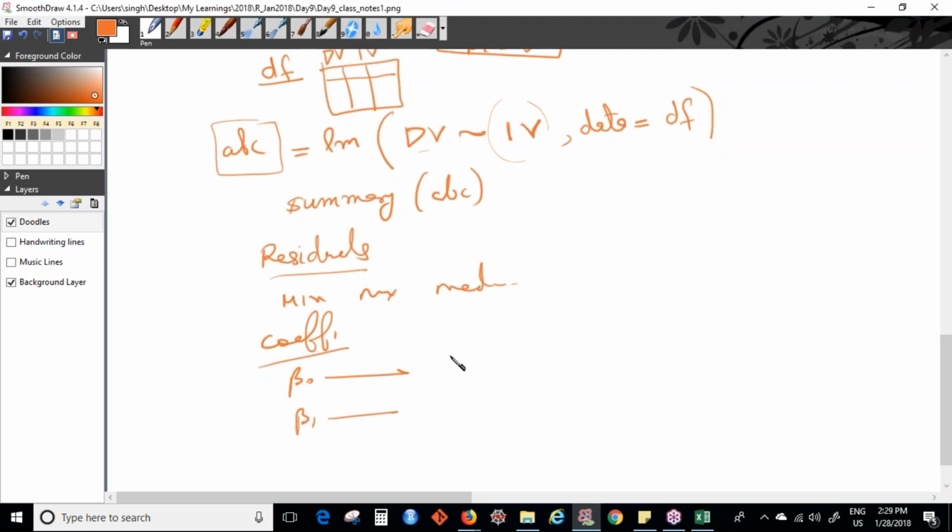So you get their values. Let's say it is A and B. That means you finally have your equation. Your equation is dependent variable is equal to B into the independent variable plus A. This is your final equation. So this is all that we saw yesterday.